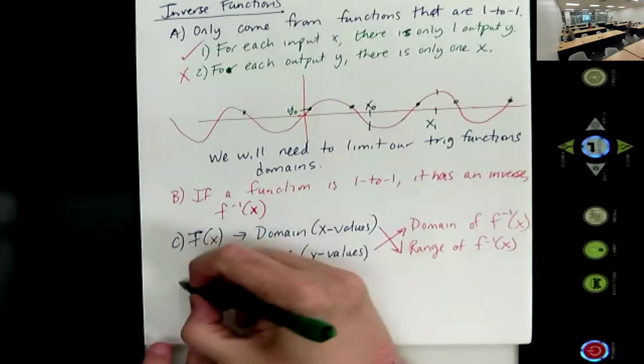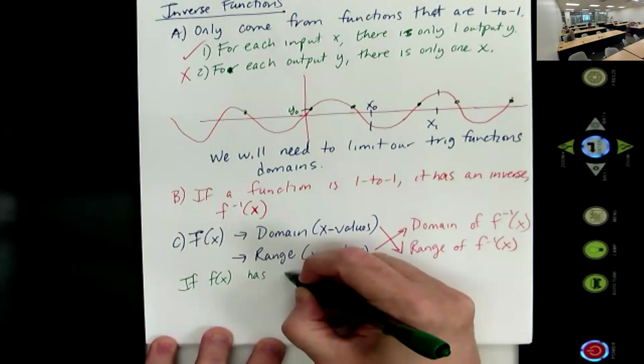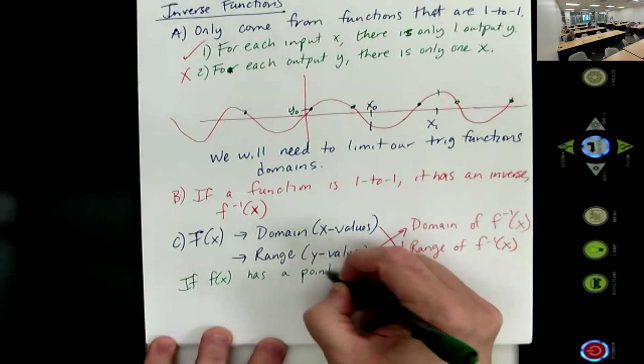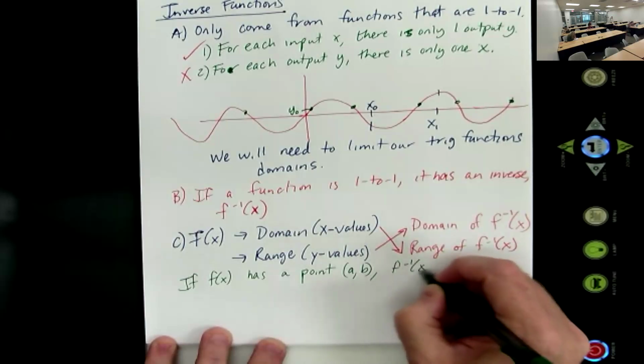So if f of x has a point (a, b), f inverse has (b, a).